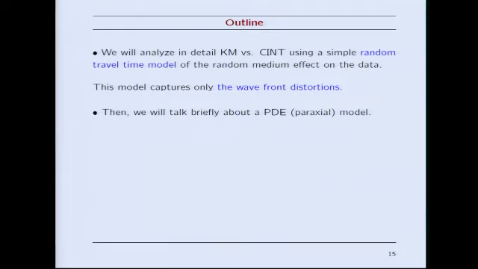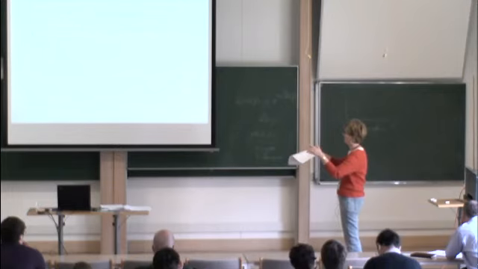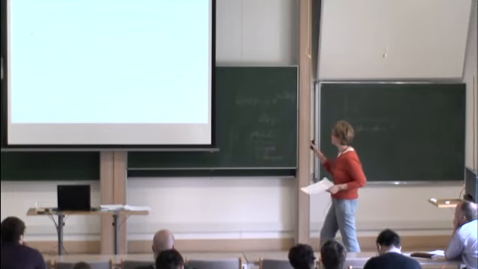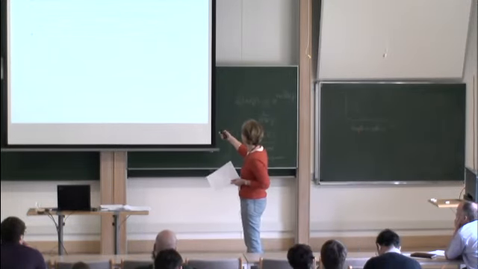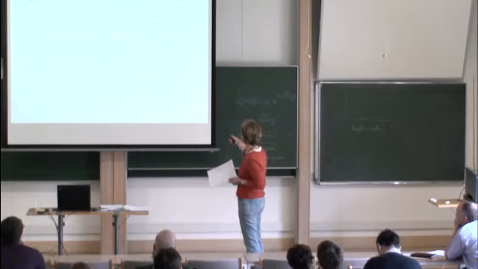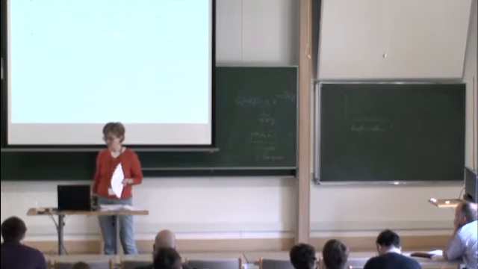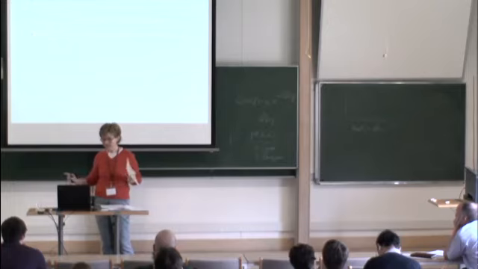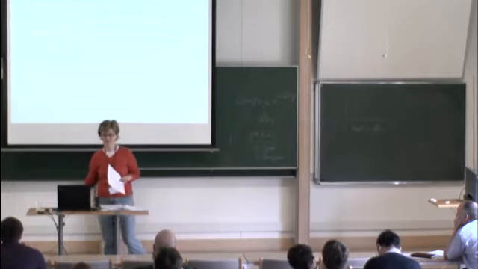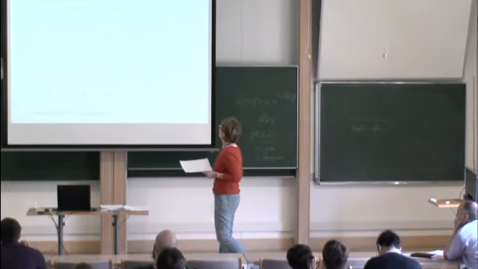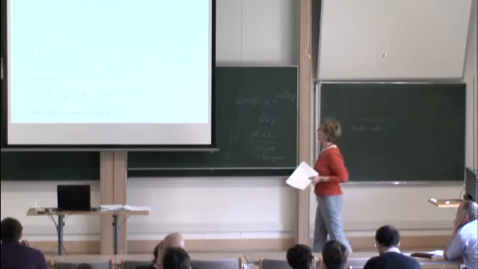It can capture this coda, but it's still a model that applies to mild scattering, because the waves will be scattered only in a forward direction. This paraxial model is essentially the state of the art right now in wave propagation in random media in terms of rigorous mathematics, and everything else is wide open. So it's a good area. Okay, so let me start talking about that.